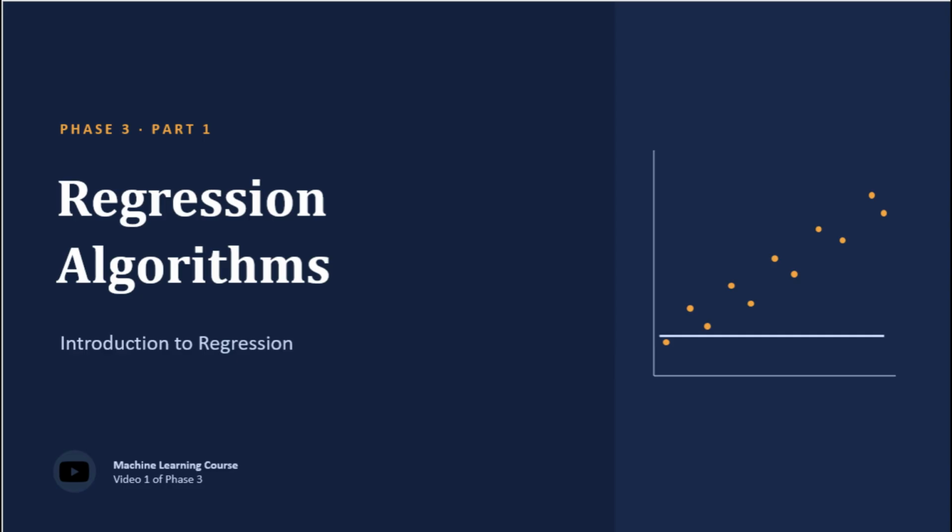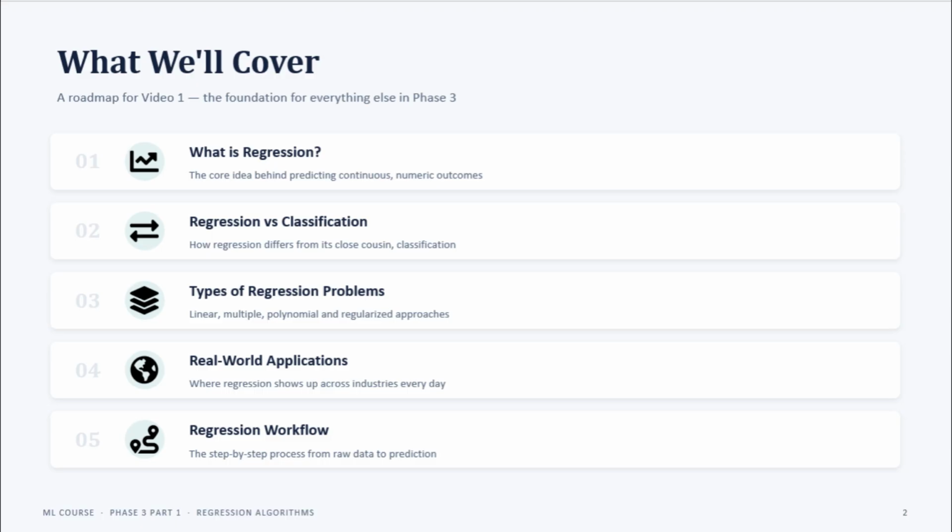So let's get started. Here's what we'll learn in today's lecture. First, we'll understand what regression is and why it's considered a supervised learning technique. Then we'll compare regression and classification, since many beginners often confuse these two concepts. After that, we'll briefly look at the different types of regression algorithms that we'll study throughout this phase.